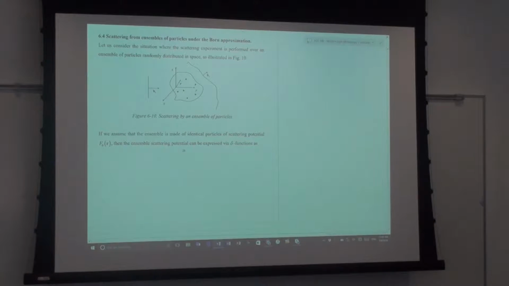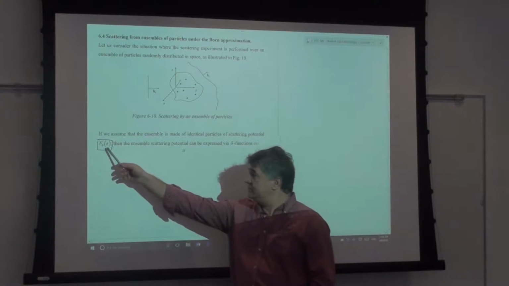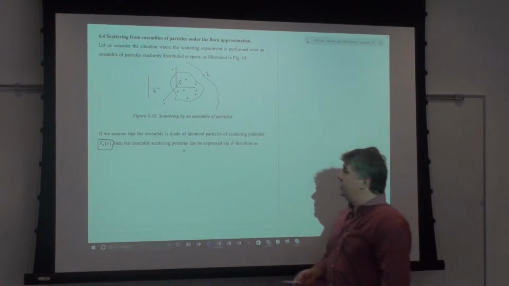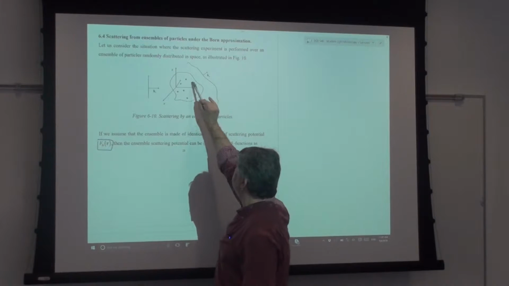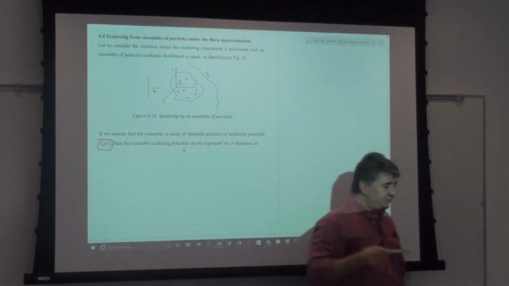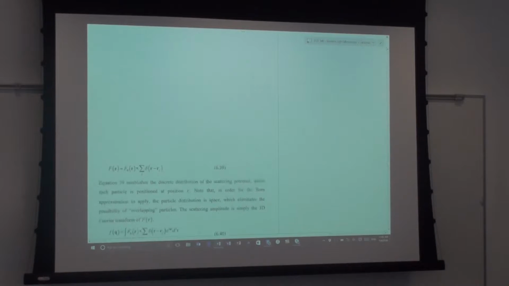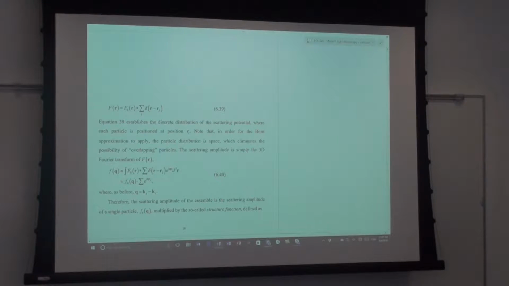So we're going to consider individual particles characterized by this scattering potential, F naught. Okay? And now, these particles are actually placed at different positions in the three-dimensional space. Okay? And how do I write the entire scattering potential? Well, like this.